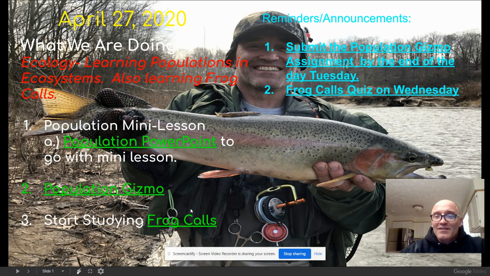Like right now, there's turkey hunting season going on in Ohio, and how do the wildlife biologists know the number of turkey that are in different places around the state? They obviously don't go count them all. So one of the things you'll be learning is how do you estimate a population?